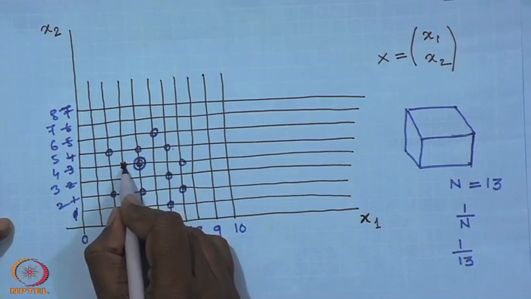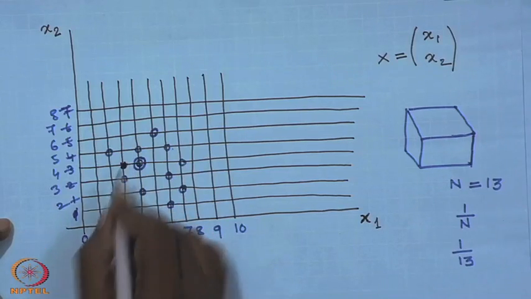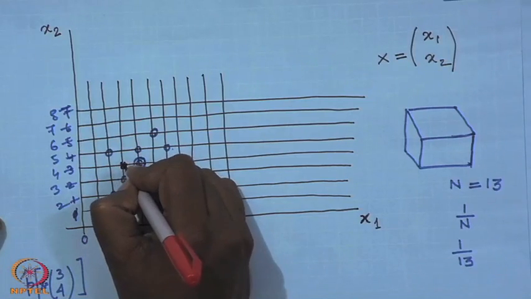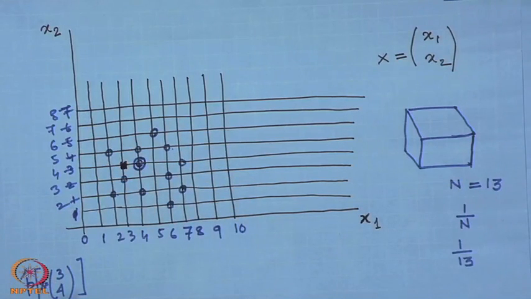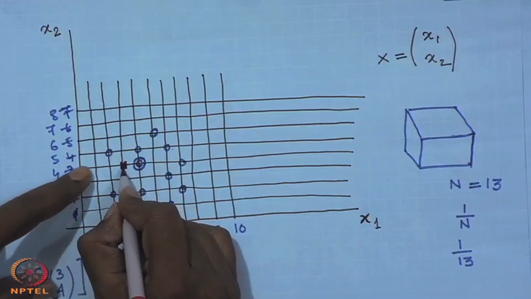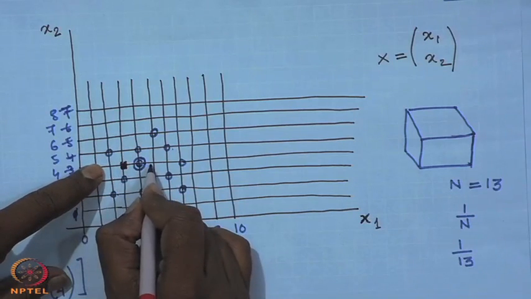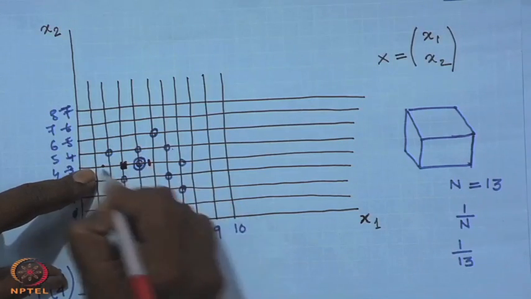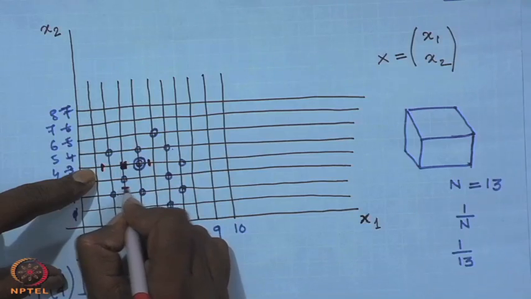So, this location is the feature vector which is 3, 4. So, I have to find out the probability density at x equal to 3, 4. What I do is at this location I place this box whose base is of size 3 by 3. So, 3 by 3 means it will be 1.5 on this side and 1.5 on this side. So, this box will span from here to here and here to here.